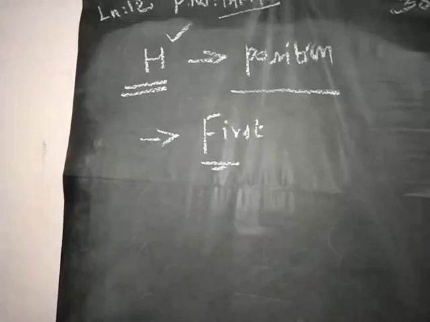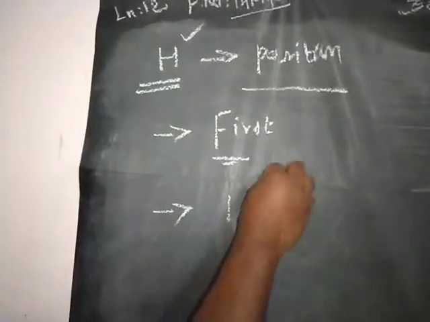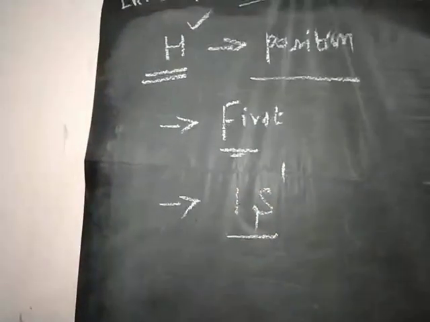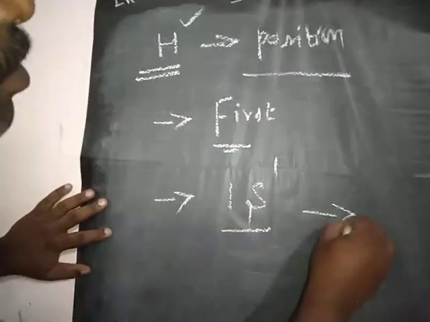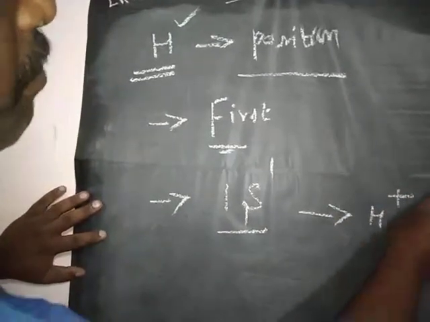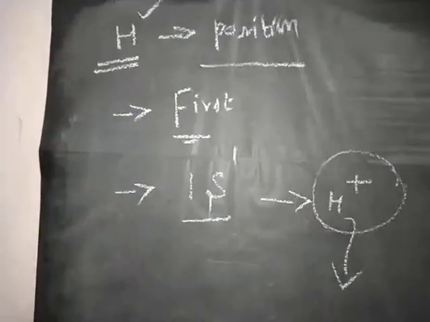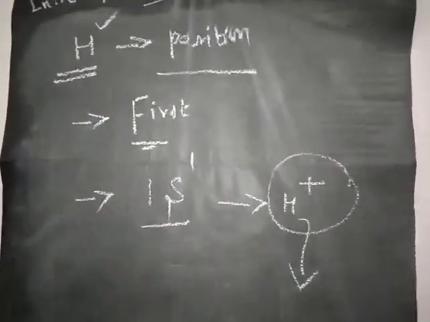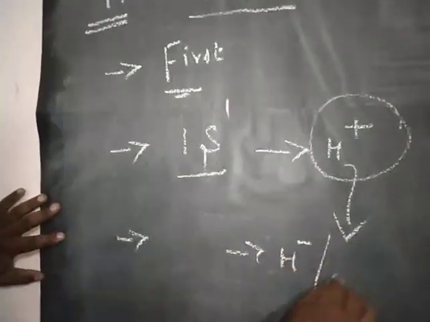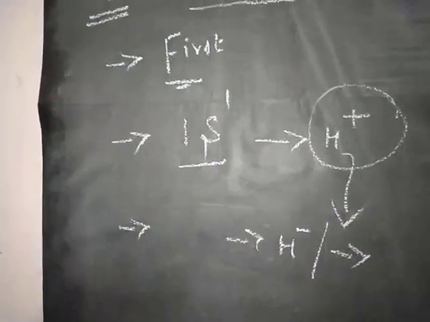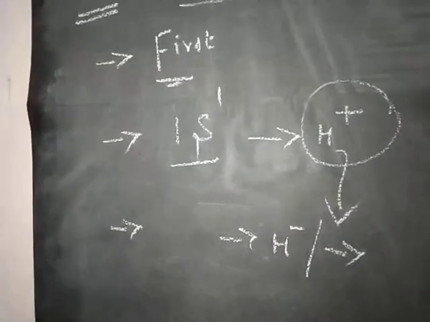The electronic configuration of hydrogen is 1s1. If it loses one electron, it becomes H plus, showing the electronic configuration of s block elements. If it gains one electron, it becomes H minus, showing the electronic configuration of halogens.